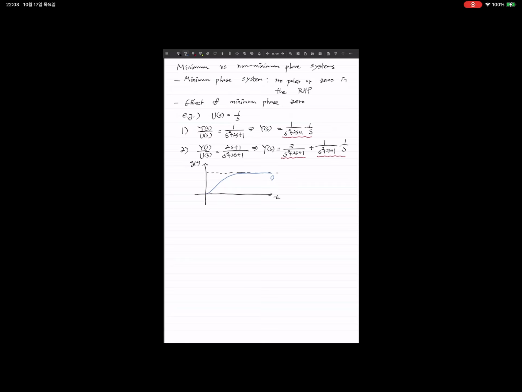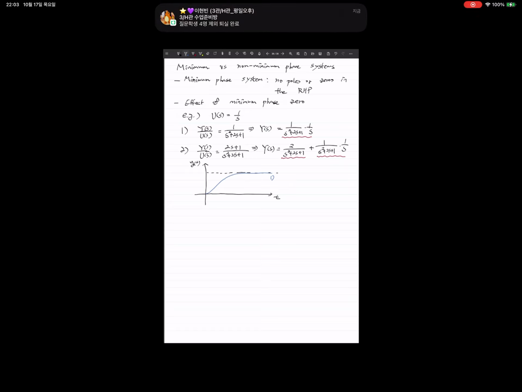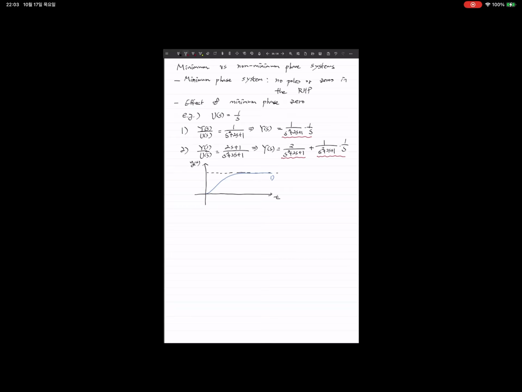System 2 will be the combination of this system 1 response with the response due to 2 over (s squared plus 2s plus 1). So this is 2 times the impulse response of 1 over (s squared plus 2s plus 1).